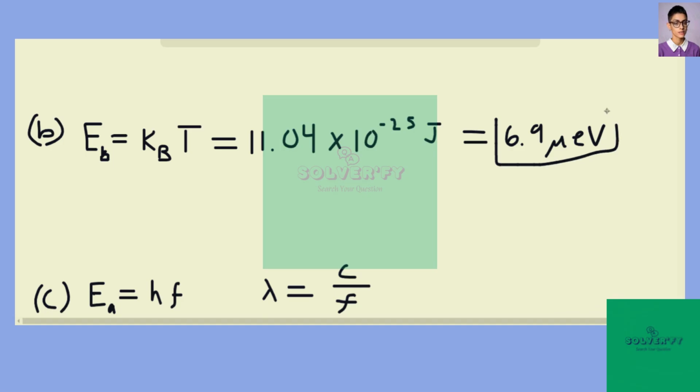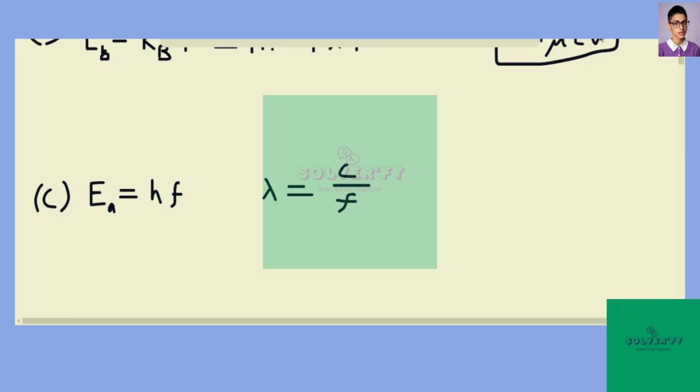For part C, we're asked to find the frequency and the wavelength of the photon the electron absorbed as it jumps to its second energy level. To do this, we're going to use the energy from part A, E sub A, and the equation that the energy of the photon is equal to Planck's constant, h, times the frequency, f.